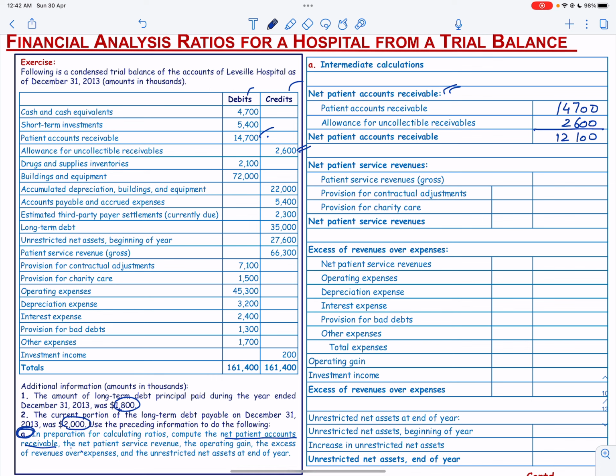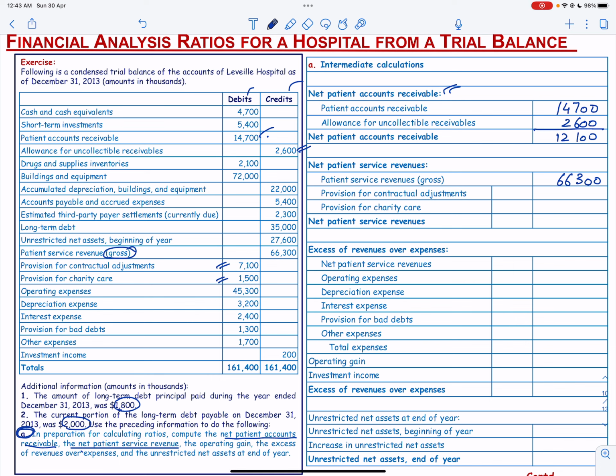Then the net patient service revenue. So the patient service revenue is given over here as gross 66,300. Then we have the provision for contractual adjustments, that is 7,100, and provision for charity care.